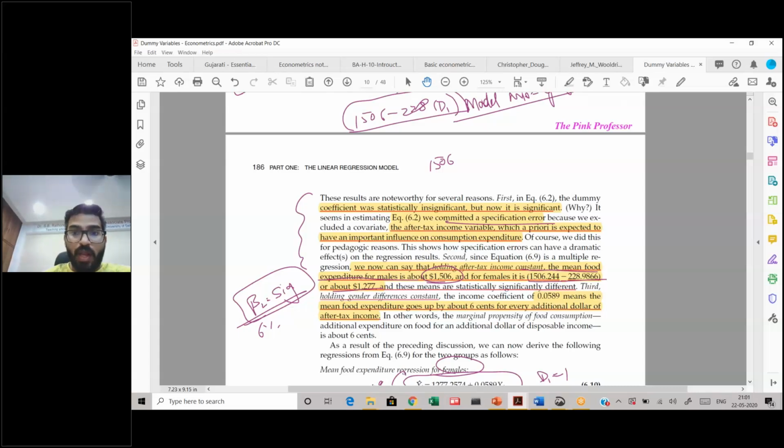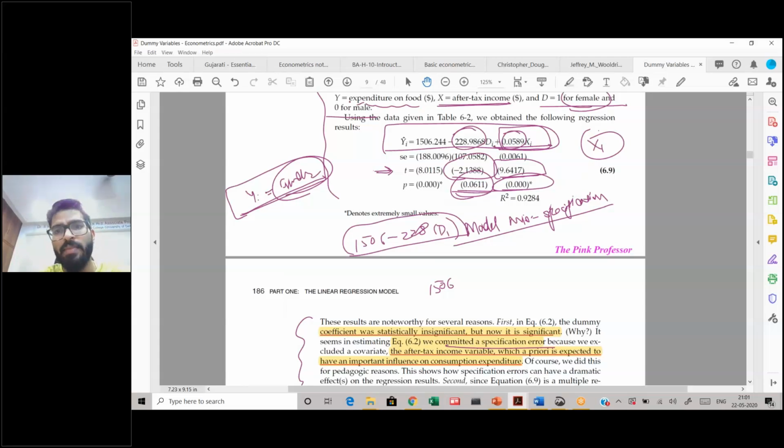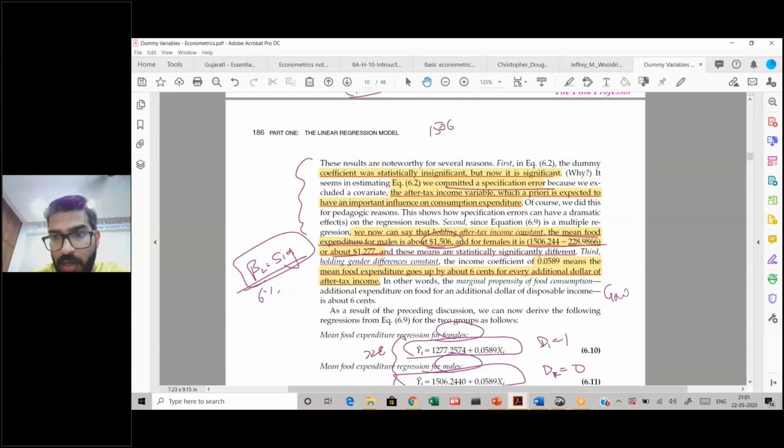Now, however, in our case, this xi is the same. That means if you keep gender constant, remember, you have to keep one of these things constant, because these are partial coefficients, other things being constant.